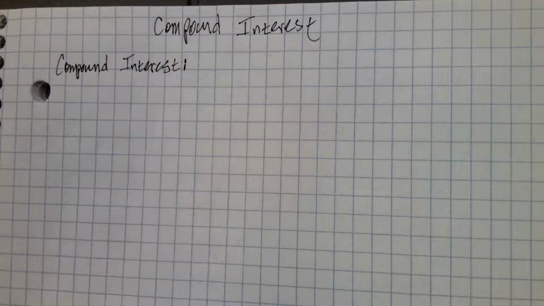And we're going to talk about compound interest then when you compound the money, say every month, or say every quarter, which is every 3 months, or twice a year. We're going to be doing compound interest right now.